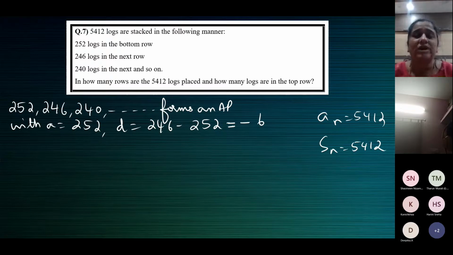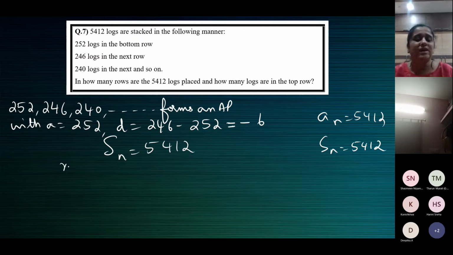Because 252 is the number of logs in the bottom row, 246 is the number of logs in a particular row, and 240 is again the number of logs in a particular row. So if an is 5412, that means a particular row has 5412 logs. That's incorrect. The total number of logs is 5412. So clearly Sn is equal to 5412. You just have to write this. Once you write this, then you know what to do.